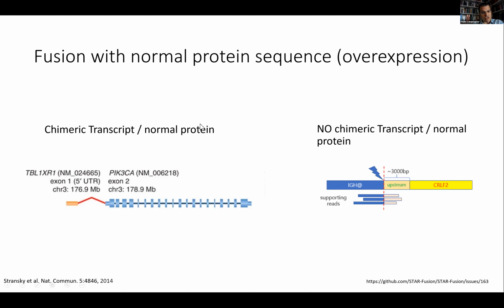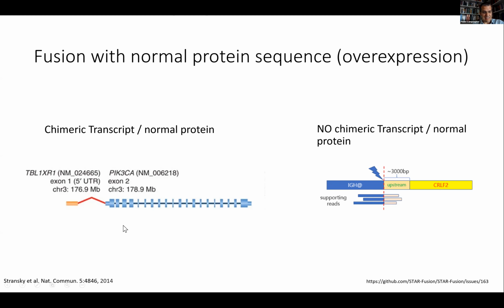But we also have another situation where we find a normal protein sequence, but we do have a chimeric RNA transcript. And this is when the breakpoint is in the untranslated region, normally in the 5' UTR, right? So we have this example of a PIK3CA fusion.